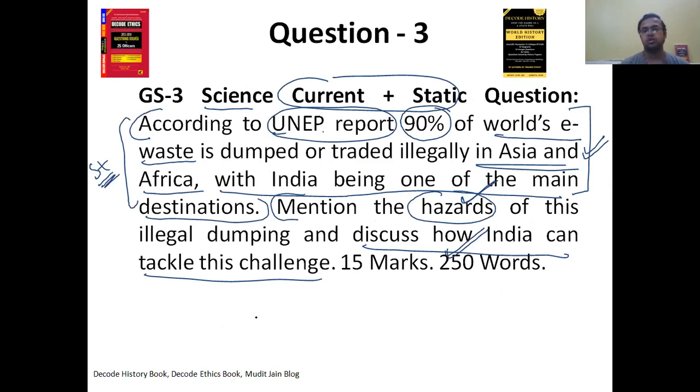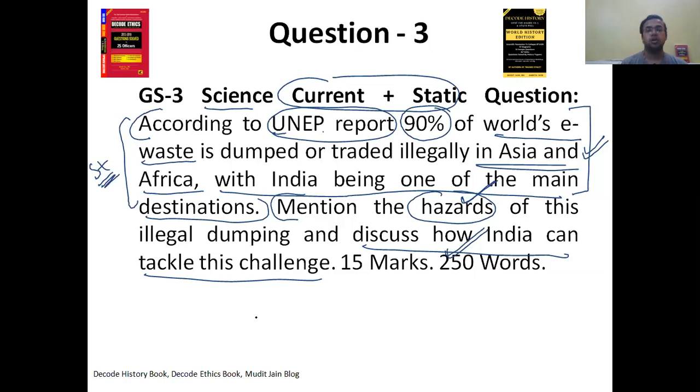If this question is from current affairs, then it must have come as an article in every newspaper. So if you have read newspaper, if you have made your own notes, you would have included name of that report.